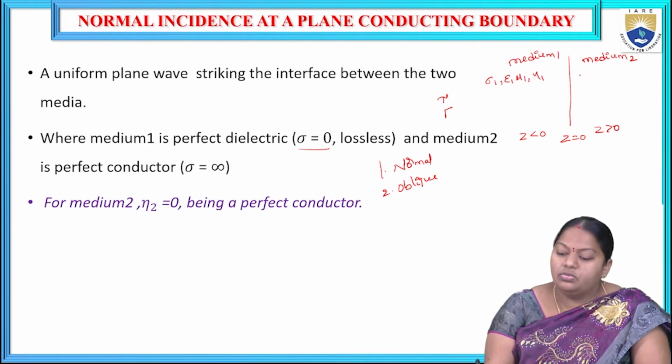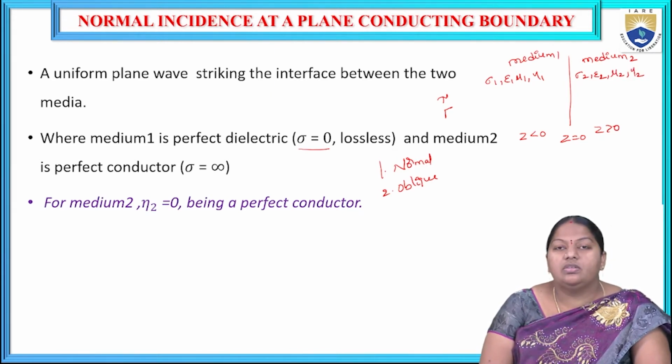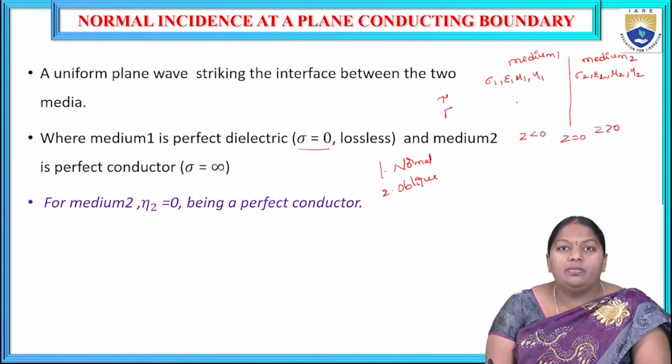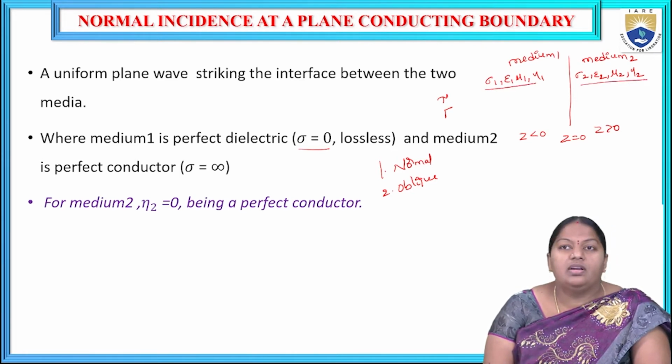Similarly for medium 2, the characteristic parameters are sigma 2, epsilon 2, mu 2 and eta 2. Sigma is the conductivity of that medium, epsilon and mu are respectively the permittivity and permeability of the medium, and eta is the intrinsic impedance of medium 1 and medium 2.